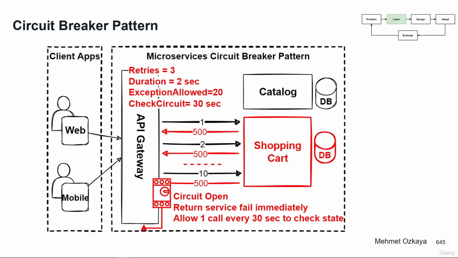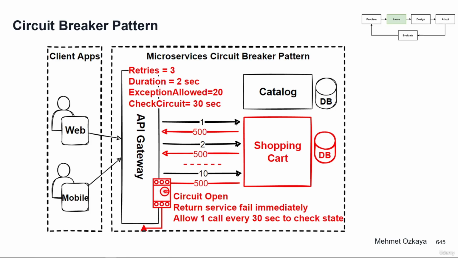In the circuit breaker pattern, we have a circuit check time, which is 30 seconds. That means after 30 seconds, the API gateway tries to call the microservice again, and if that call succeeds, the circuit closes and the service is once again available for traffic.